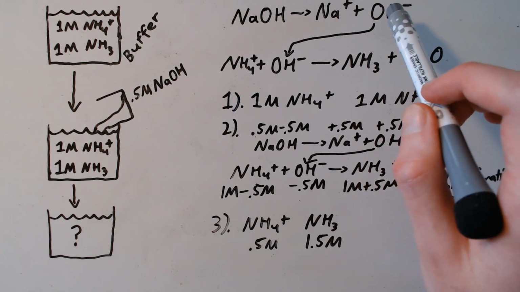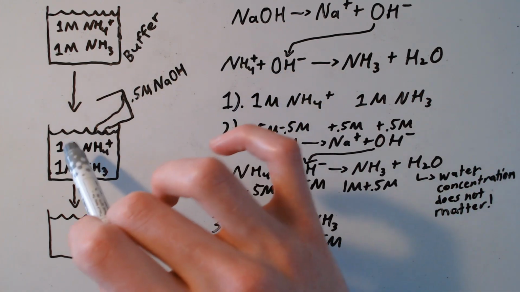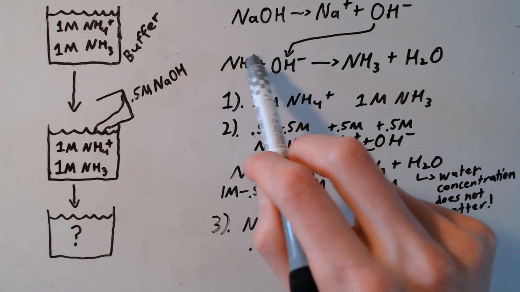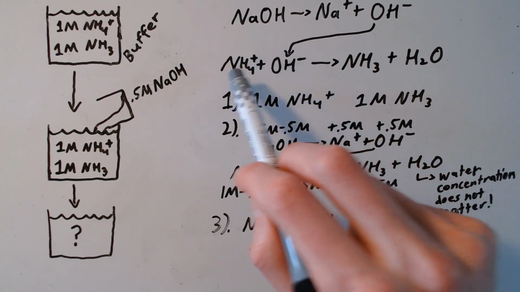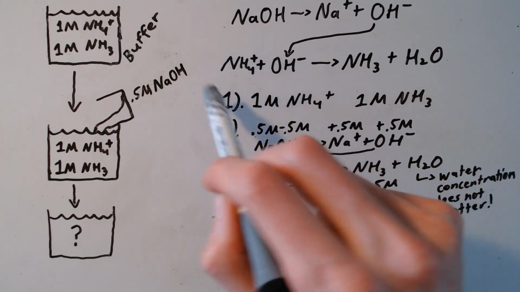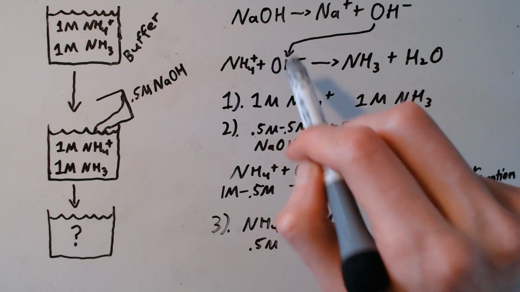And that is exactly what happens. This OH minus goes into the solution and reacts with the NH4 plus that is already present. It takes away the H pluses from the NH4 plus. It pulls them away to itself. So no matter what the dissociation constant on this NH4 plus is, the OH minus does not care really.